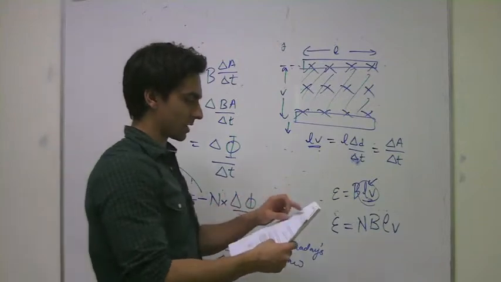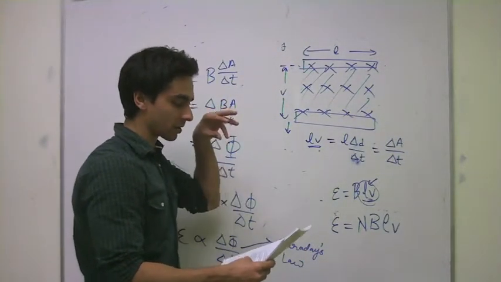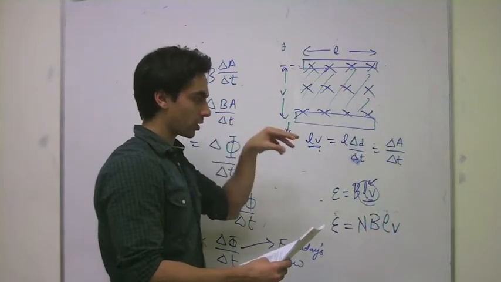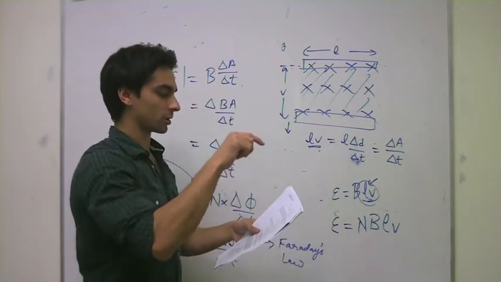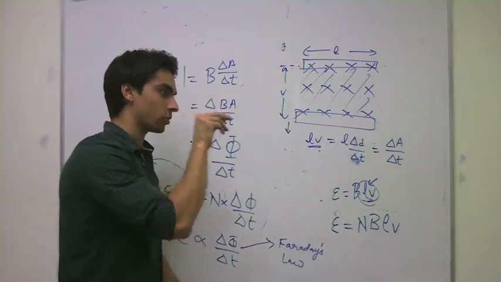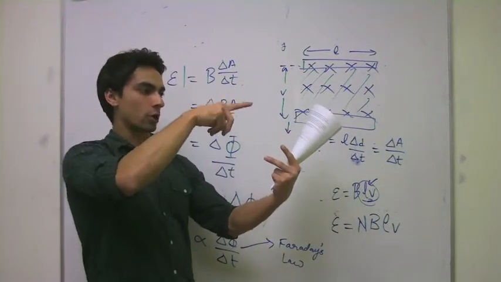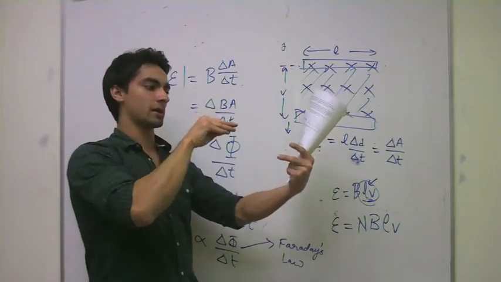Now Lenz's law is explained a bit more on page 6, whereby they're bringing a magnet towards a solenoid and seeing how the current is induced in the solenoid. So you should know that if the magnet's north pole is being brought towards a solenoid, the solenoid would develop a north pole as well in order to repel this magnet.